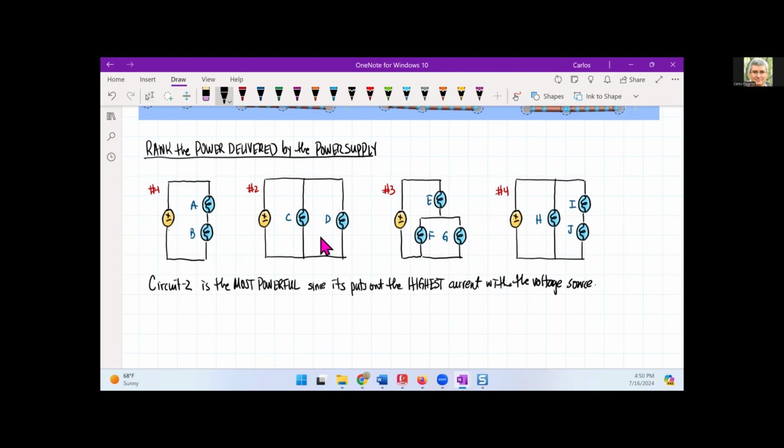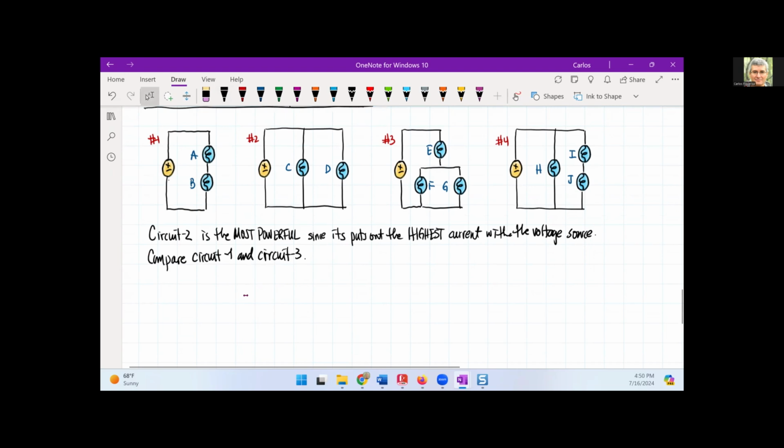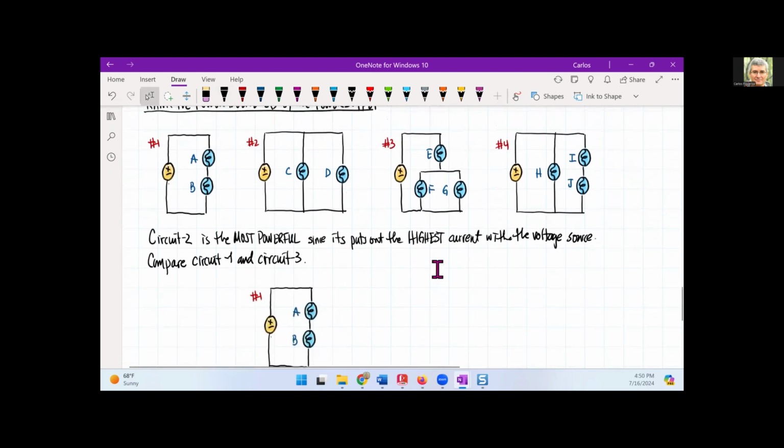So now the thing that we should do here is compare 1 to 3. So let's compare circuit 1 and circuit 3. Here's one. Now let's go get three.